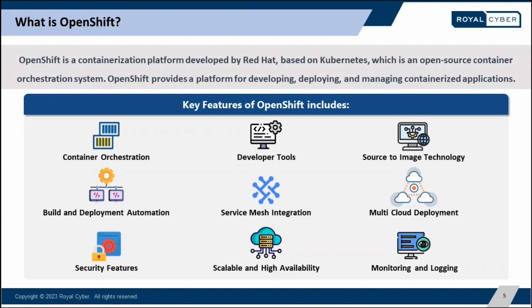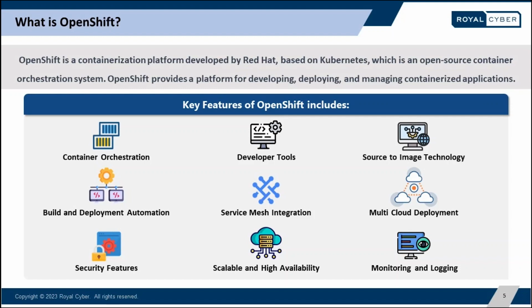OpenShift leverages Kubernetes to automate the deployment, scaling, and managing of containerized applications. Kubernetes provides a robust and scalable orchestration framework for containers. Then developer tools, which OpenShift offers, a set of developer tools to streamline application development and deployment that includes integrated development environments, IDEs, source code management, continuous integration, and other developer-centric features.